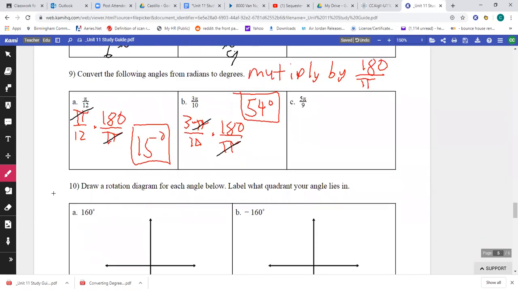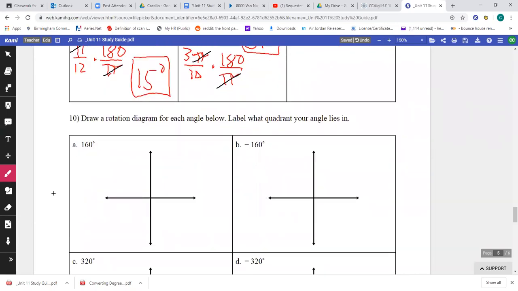So last thing, number 10 is to draw a rotation diagram for each angle below. Label what quadrant your angle lies in. So first thing, remember the quadrants. This is 1, this is 2, this is 3, and this is 4.